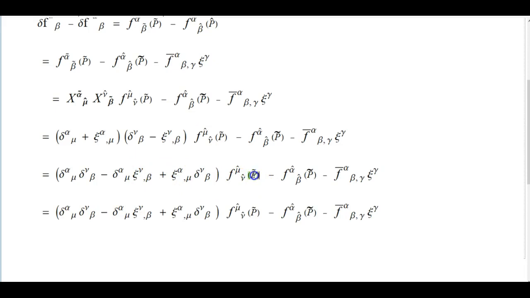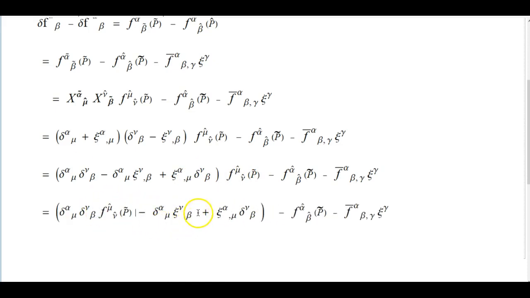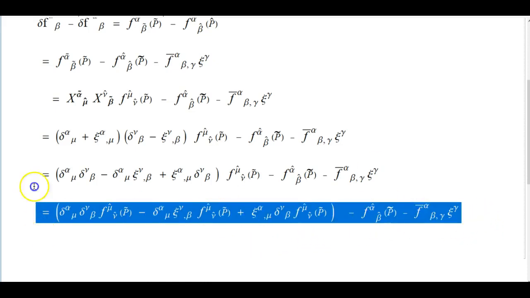Okay, so when I bring this over here and apply this contraction, delta alpha mu with f mu nu, the mu when contracted will be replaced with alpha. So let's apply this one by one. Let me bring it over here like this, then like this, and then like this. Okay, now one by one I can apply the contraction.